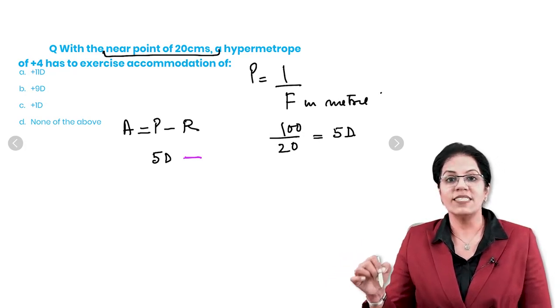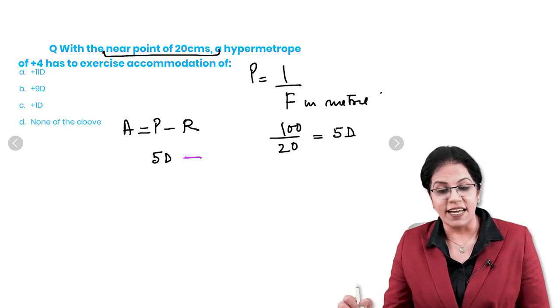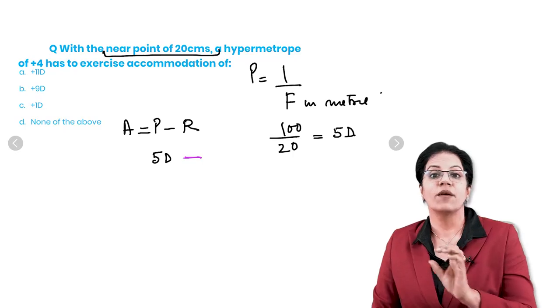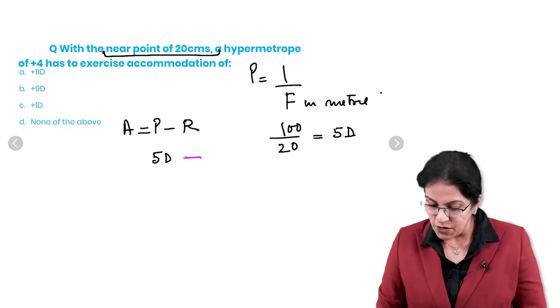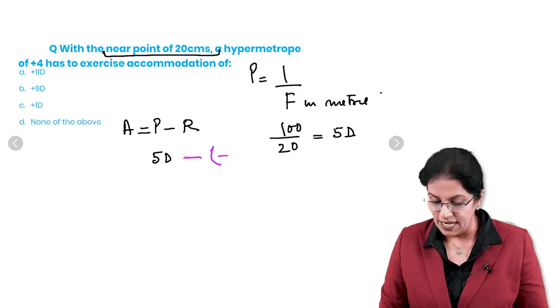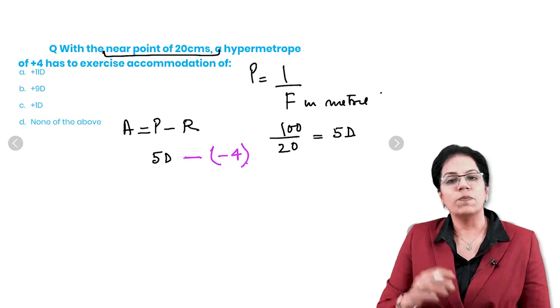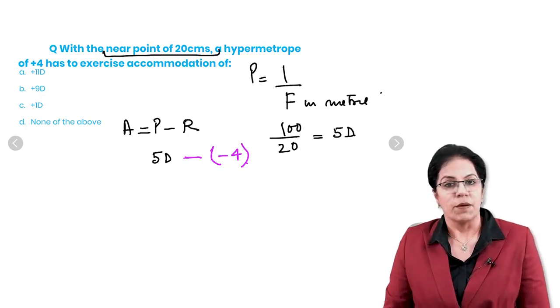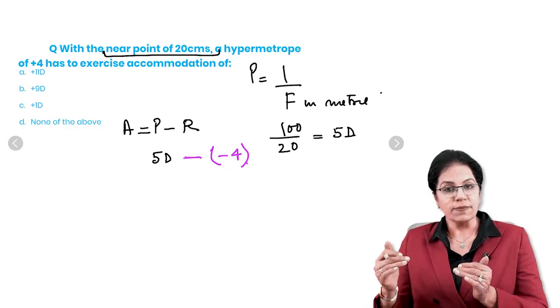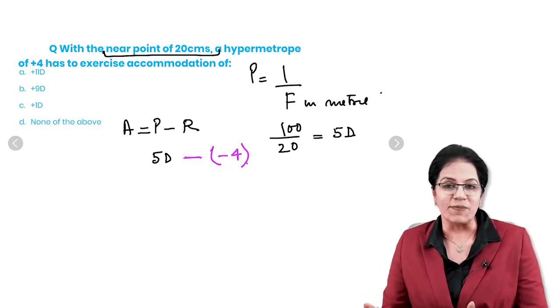But because the far point is behind the eye, the light rays are focused behind the retina. Therefore, it is indicated with a minus sign. So actually it is minus 4. Plus has been given because it's a hypermetrope, but when we are solving the question, this is the only trick you have to keep in mind.